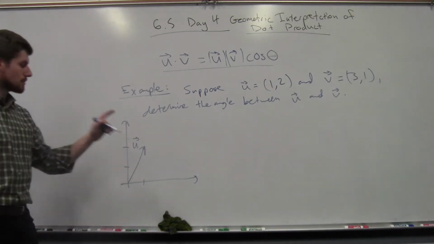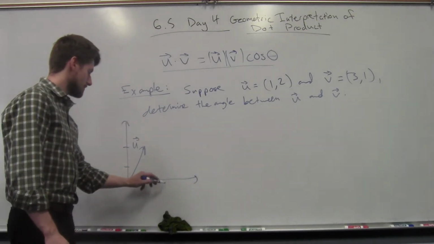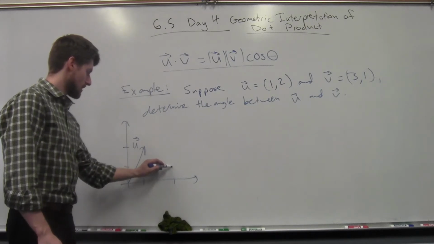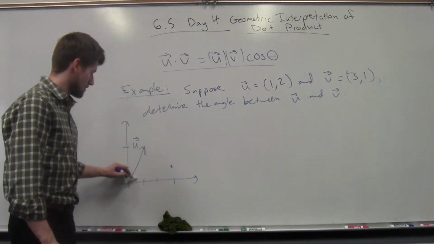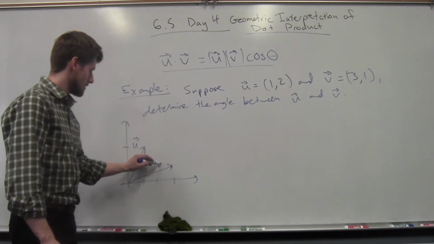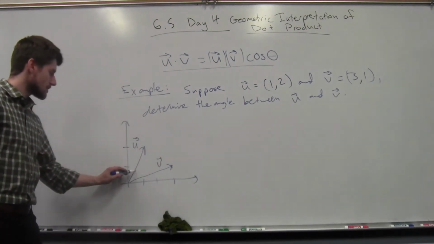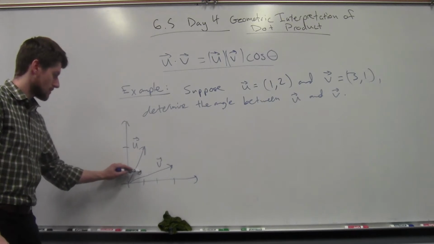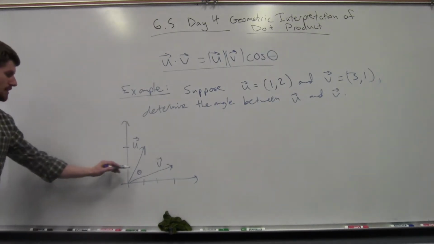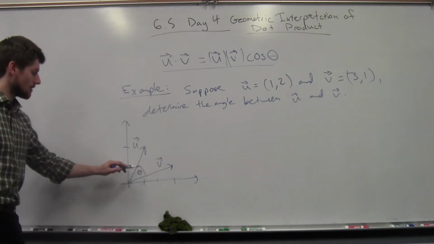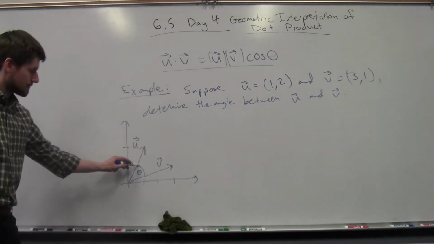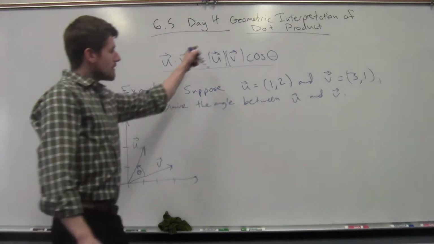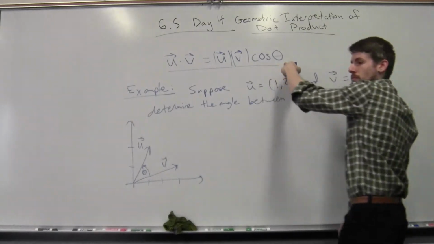And then I need to go 3 in the x and 1 in the y, and here's my vector v. Our interest is figuring out that angle, theta. What is the angle between u and v?